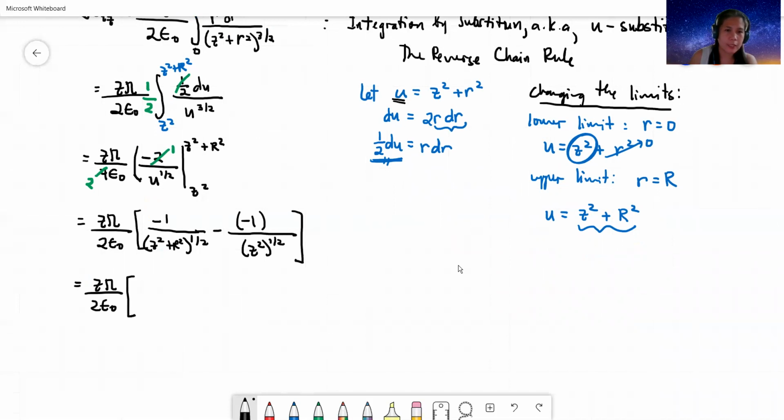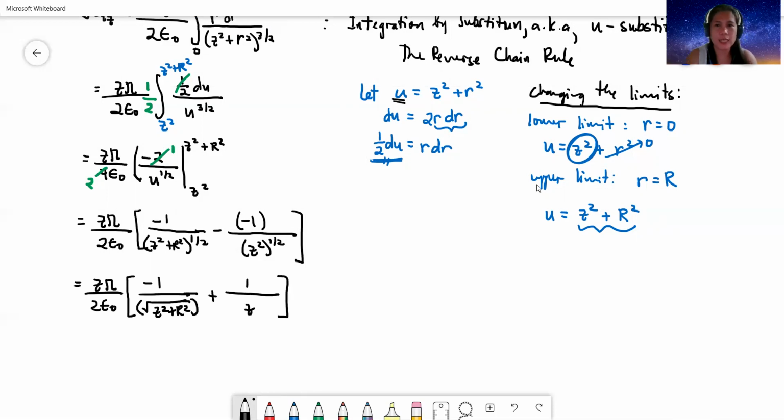And then this becomes -1, which we can rewrite as square root of z squared plus r squared. I think we're almost done. And then minus minus becomes plus 1 over, this will just become z.